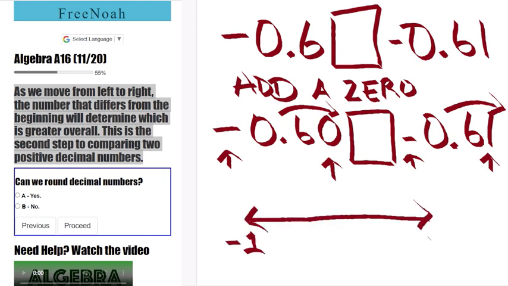Best to draw a number line here and draw it out from negative 1. Let's place a 0 in the middle here, and let's place a 1 value over here. So we're dealing with the negatives here.